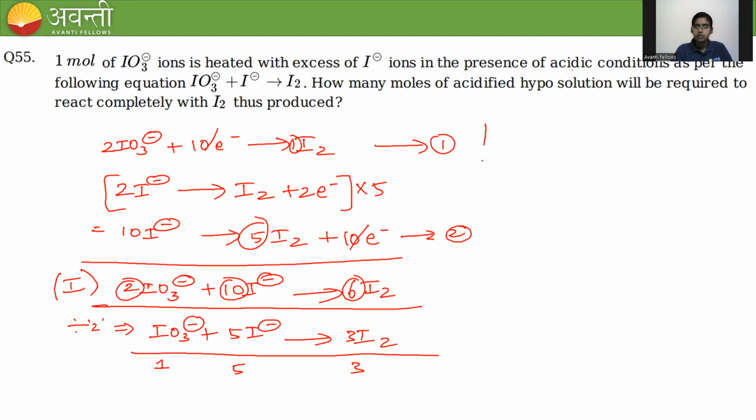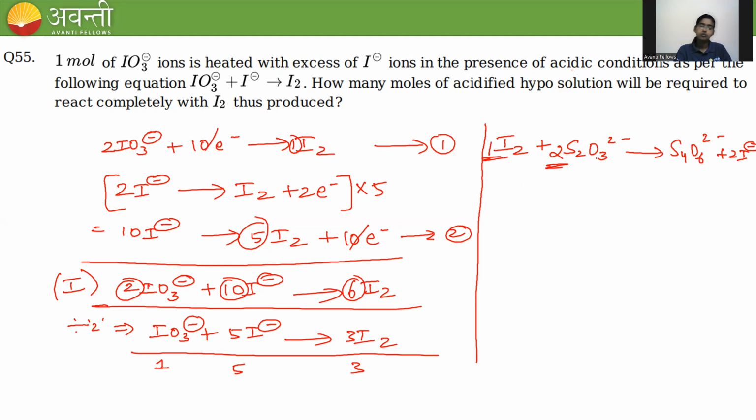Okay, now coming to the second part, that is with hypo solution. So iodine is reacting with hypo solution. Hypo solution contains S2O3 2 minus ion and it gives S4O6 2 minus ion and iodide will come out. So here I have to put 2. Now here 1 mole of iodine is reacting with 2 moles of S2O3 2 minus ion. Got it?